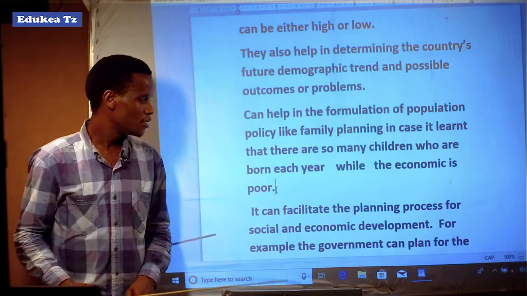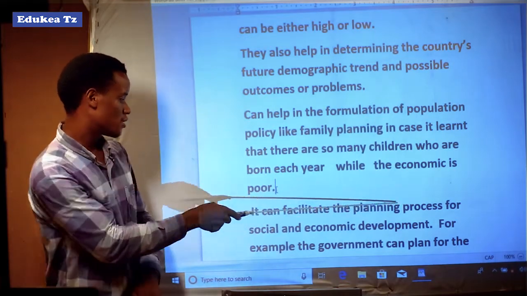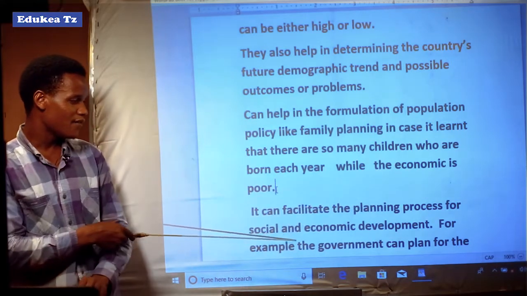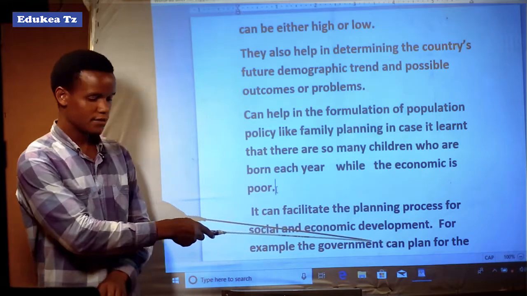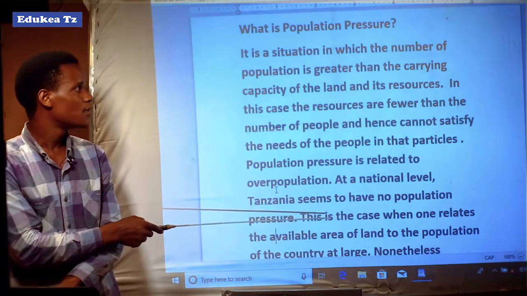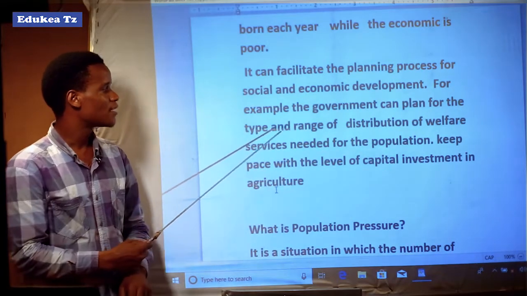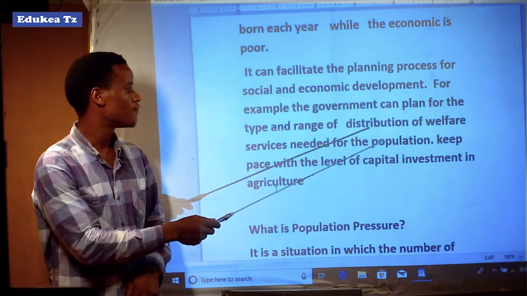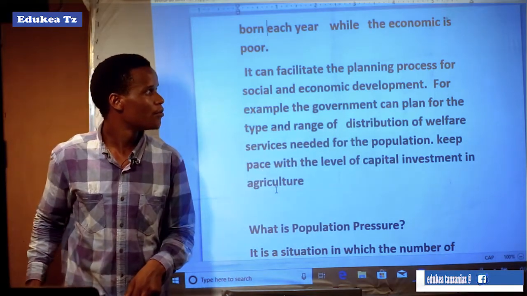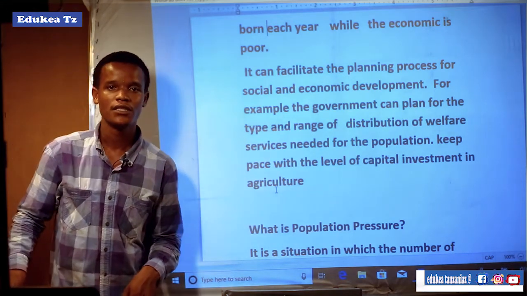Another point is that it can facilitate the planning process for social and economic development. For example, the government can plan for the types and range of distribution of welfare services needed for the population. So through population structure the government is able to plan development.